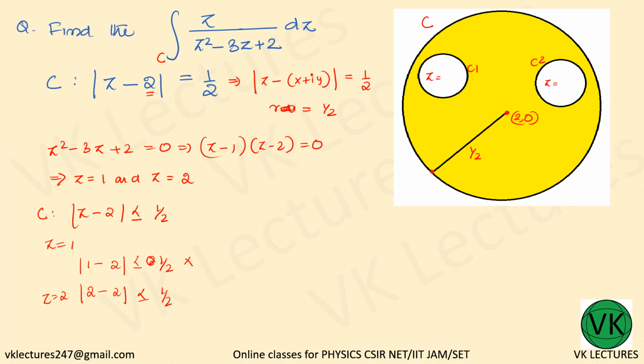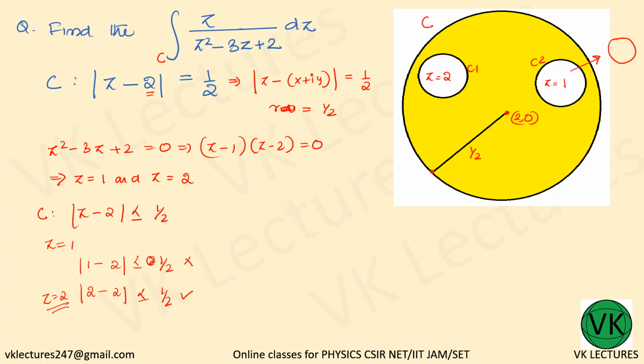Yes, 0 is less than or equal to half. So z equal to 2 is inside, and this C2, which is z equal to 1, is outside the contour. So we need not consider this particular point.